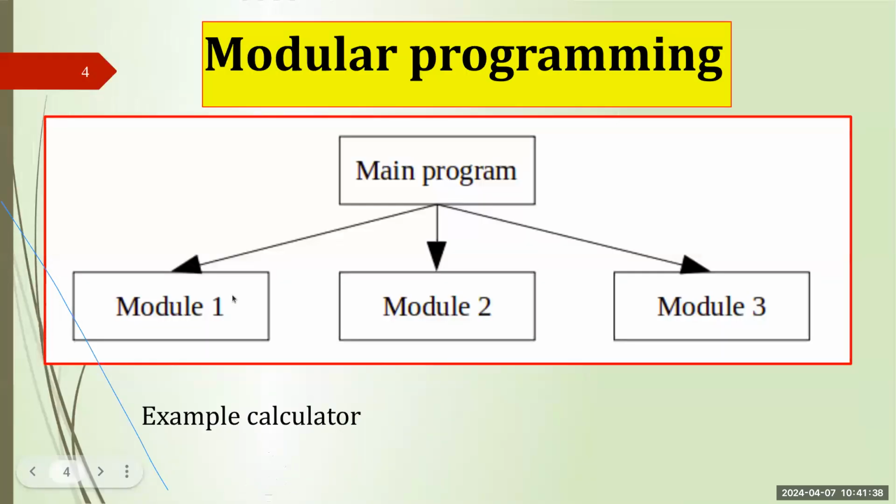This is modular programming. Modular means the main program is subdivided into module 1, 2, 3 like that. An example is a calculator. For example, the calculator is the main program. It can be subdivided into addition, subtraction, multiply, and division.